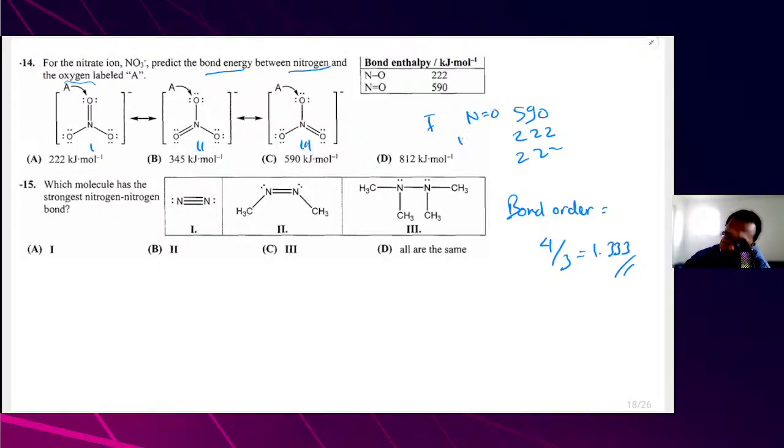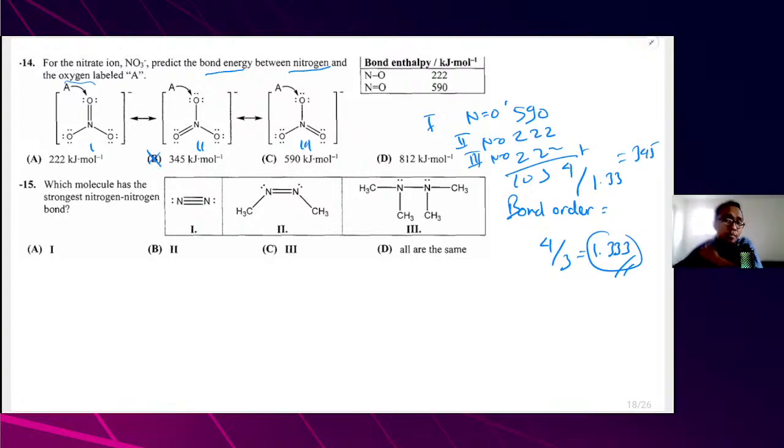Now just add all together, 4, 3, 1034. And because of the bond order, we need to divide it by 1.33. So the answer will be 3, 4, 5. The answer will be B.